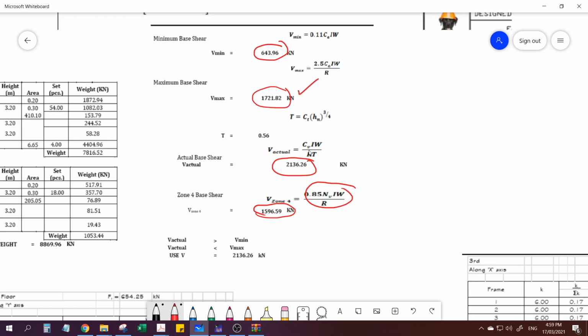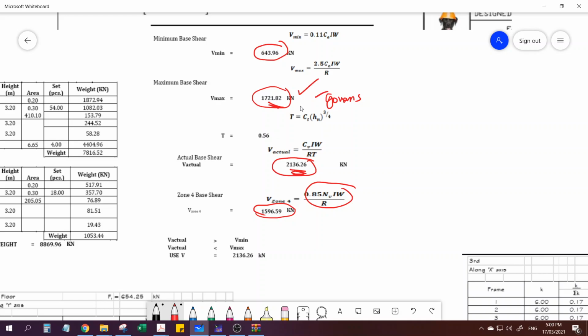Because your actual base shear is 2,136. Okay? But sabi ni code, you should not exceed the Vmax, which is 1,721 lang. Okay? So, na-exceed niya no? So, therefore, this governs. Okay? So, governs. Okay. So, Vmax.